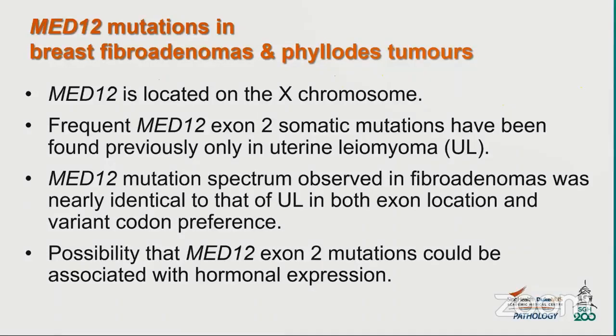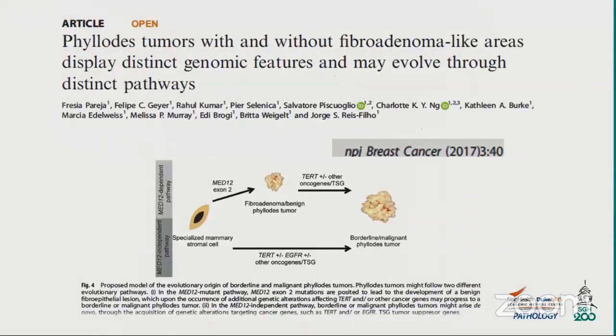Frequent MED12 exon 2 somatic mutations have been only previously described in the uterine leiomyoma, and the MED12 mutation spectrum observed in fibroadenomas was nearly identical to that of uterine leiomyomas in both exon location and variant codon preference, and it was therefore possible that the MED12 exon 2 mutations in fibroadenomas and phyllodes tumors could be linked with hormonal expression.